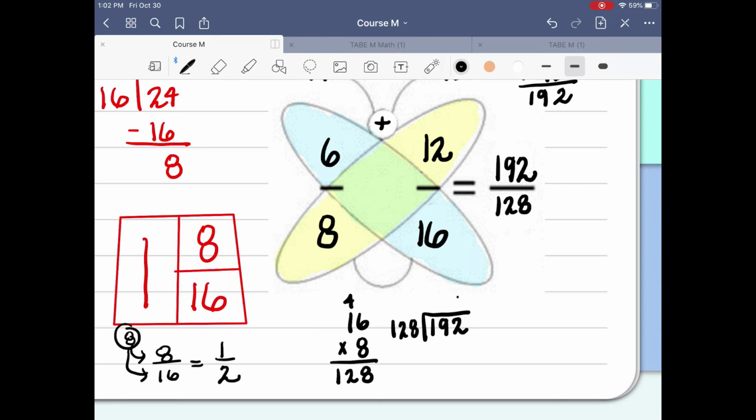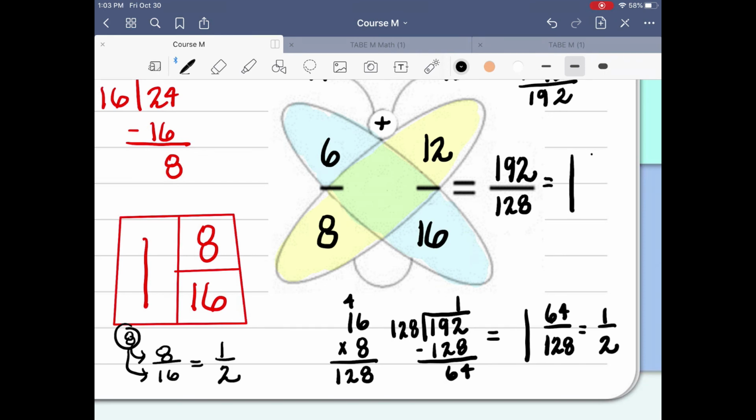We get 1 time with 64 left over. So this is 1 and 64 over 128. 64 is half of 128, so that'll reduce on down. So the final answer is 1 and 1/2.